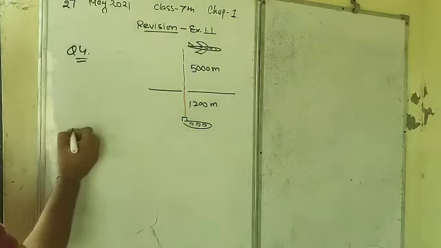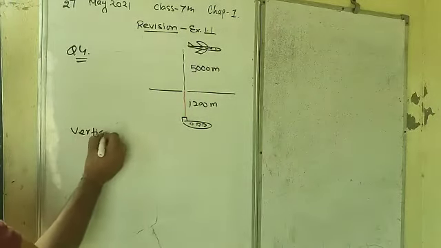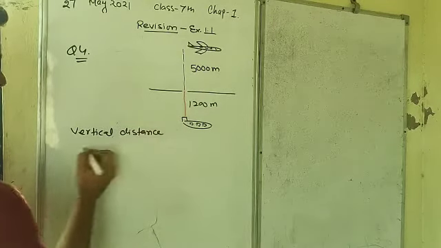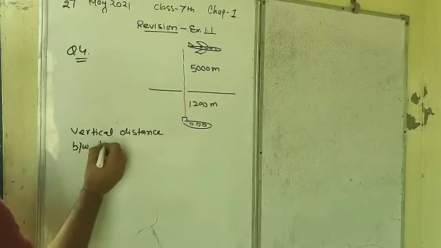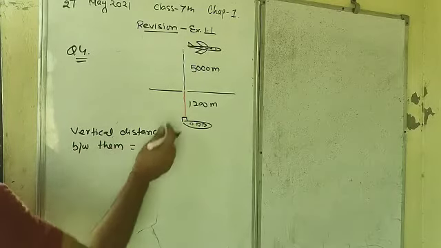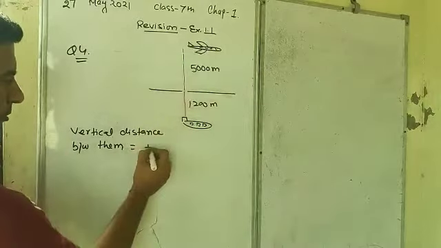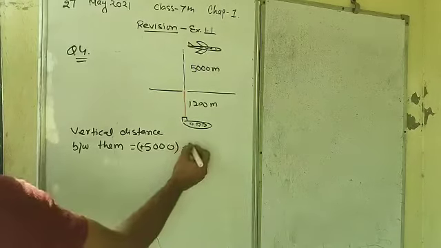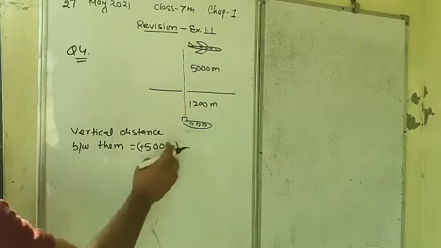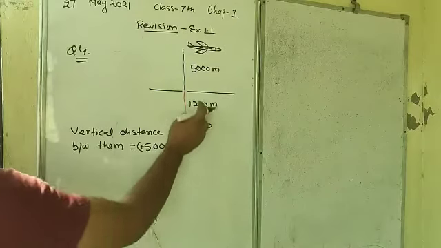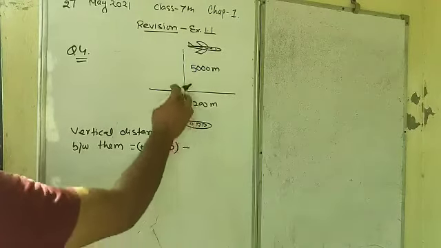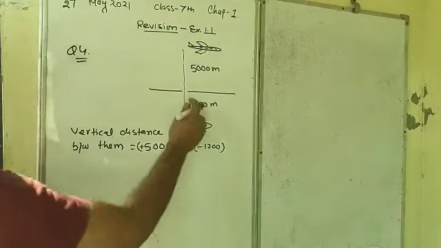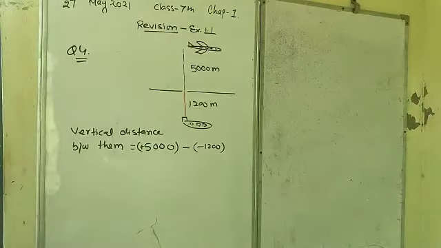Okay, so the vertical distance between them is equal to, it is 5,000 above the sea level, so consider it to be plus 5,000. We have to find the difference, so minus the distance of the submarine from the sea level, it is minus 1200 because it is below the sea level.